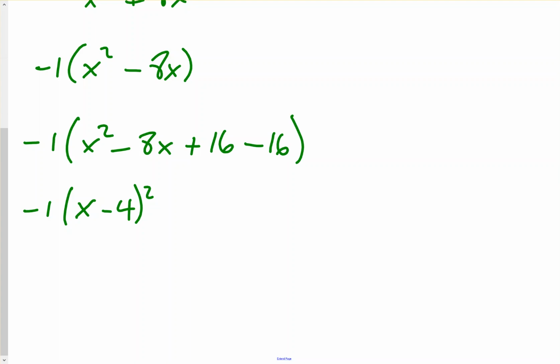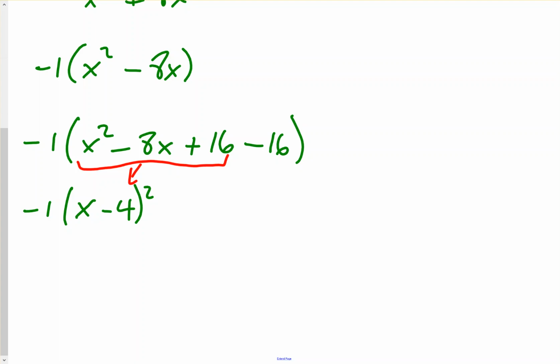Okay, so we have this scenario. So now, if you think about it, this portion becomes this. Right, so that x squared minus 8x plus 16 becomes the x minus 4 quantity squared.